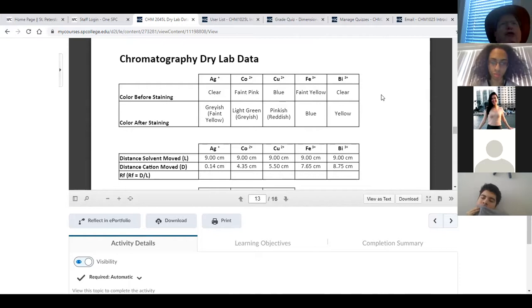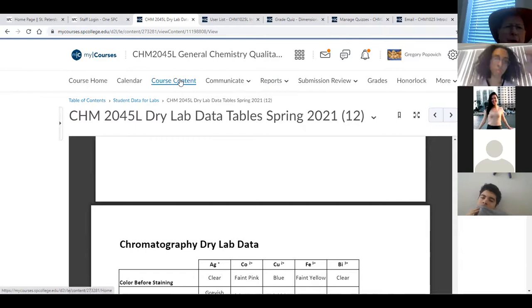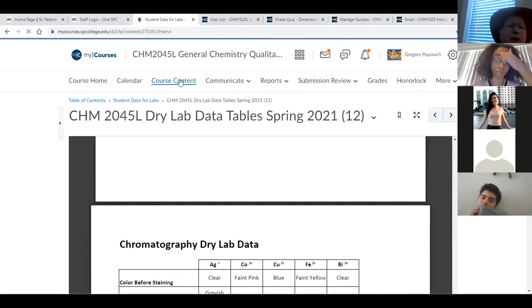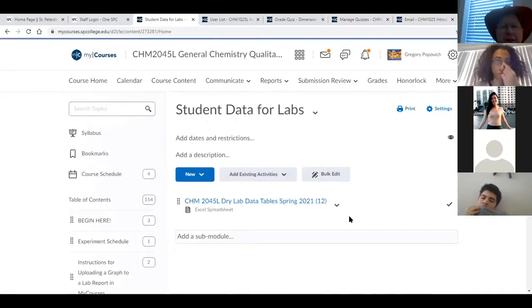So what you then do is you have this staining solution that you spray on your paper, and the staining solution will react with each one of the ions to turn it a different color. Are we clear on that, guys? The report itself will become abundantly clear when I pull it up. It'll be clear, Faye, I promise.